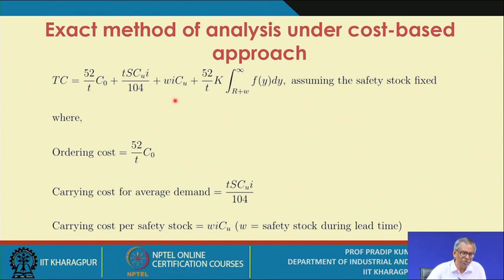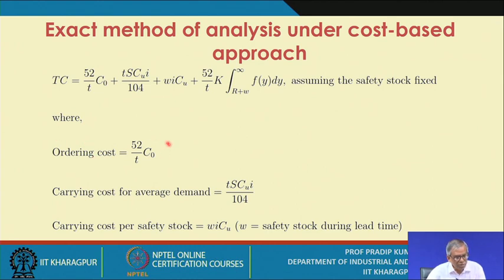In certain cases you need to use a portion of the safety stock, consider a situation where the lead time demand is more than the average which you have assumed.